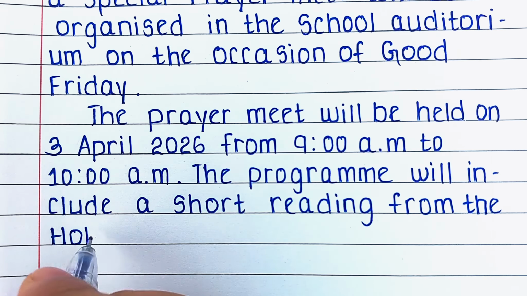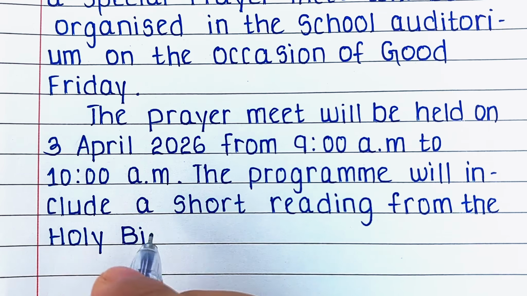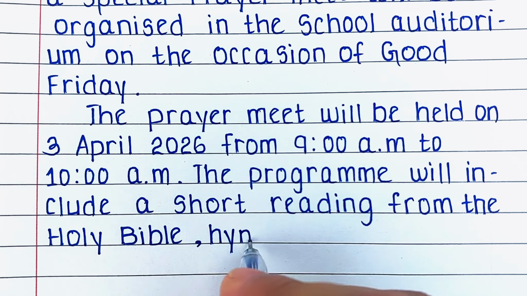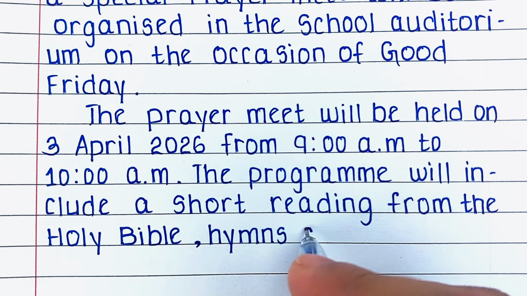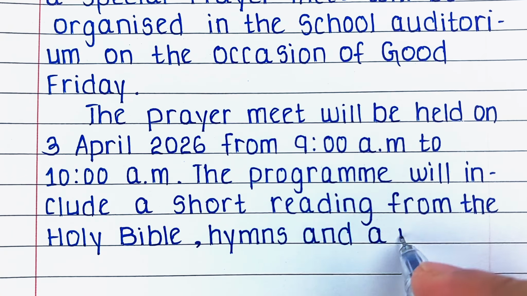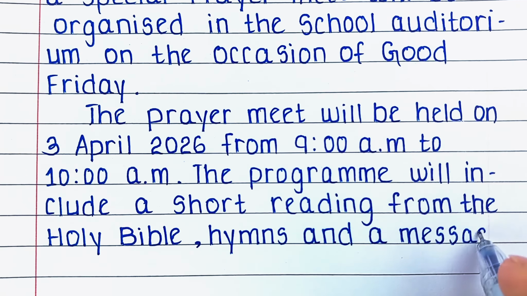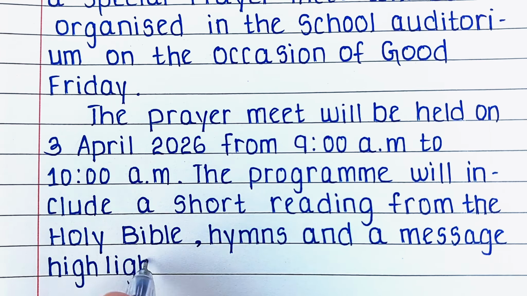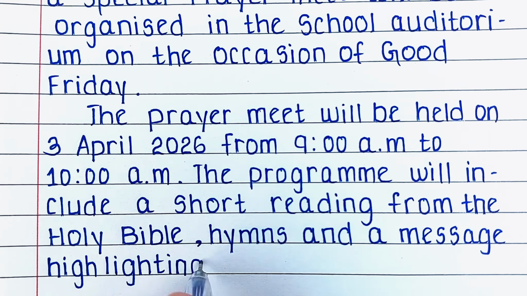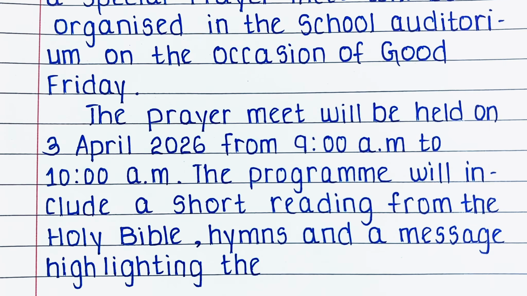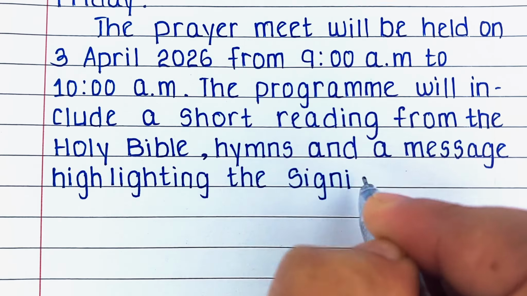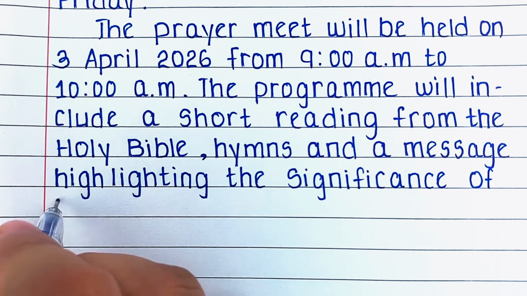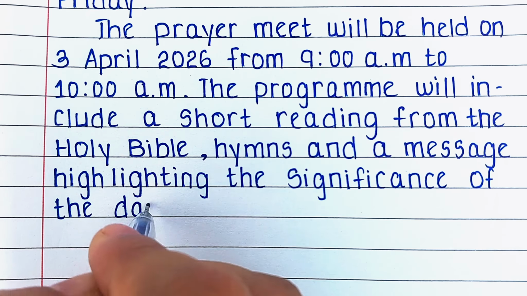The program will include a short reading from the Holy Bible, hymns, and a message highlighting the significance of the day.